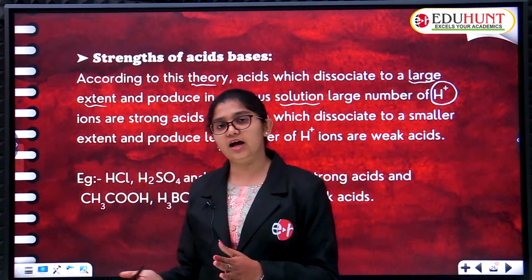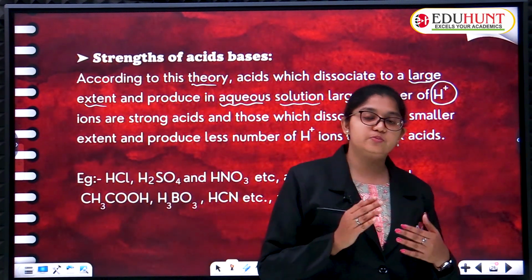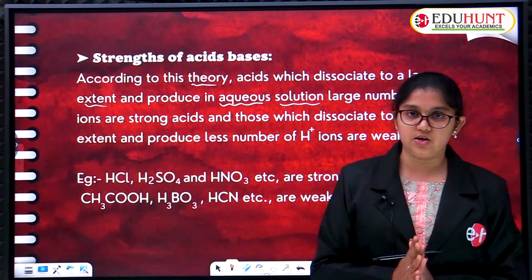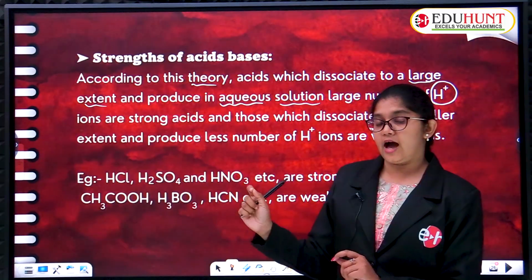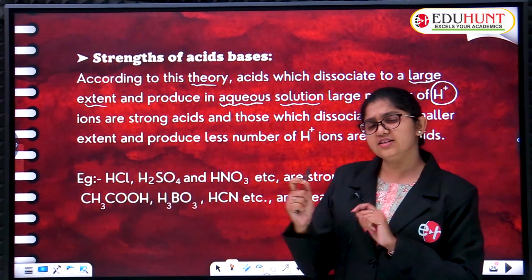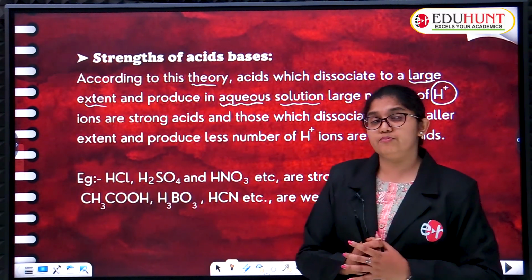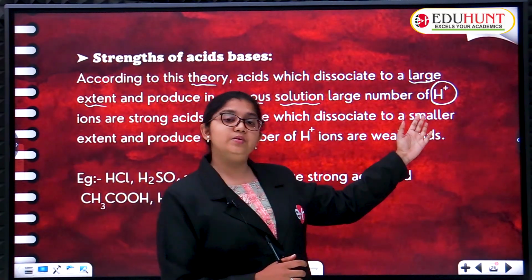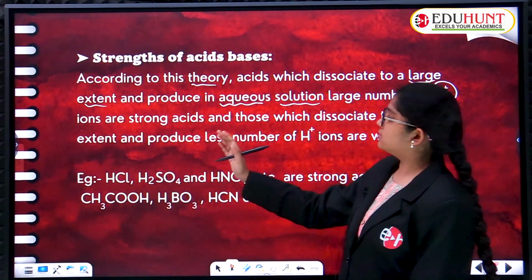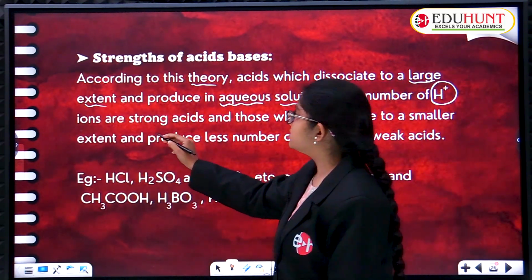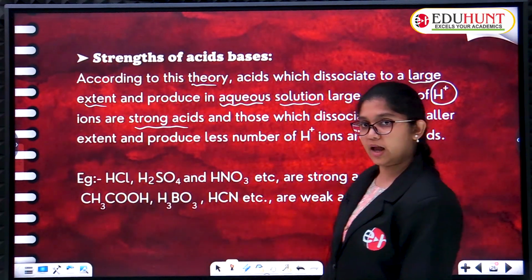Children, we know that acids liberate H plus ions in aqueous solution, but the acids which dissociate to a large extent and produce a large number of H plus ions are called strong acids.